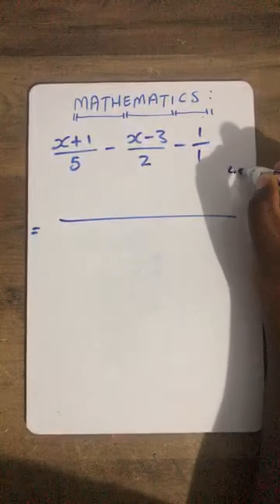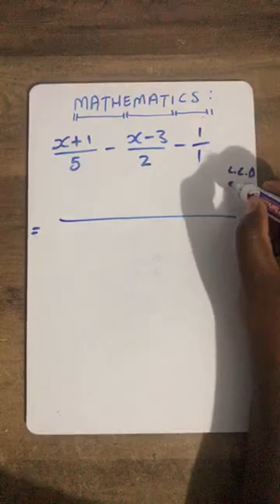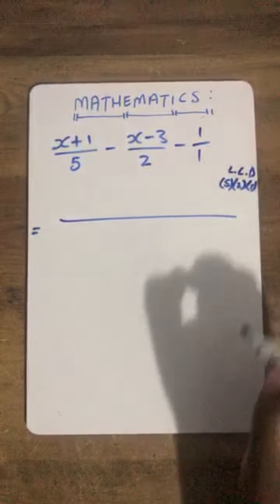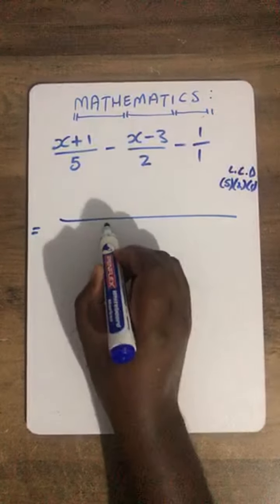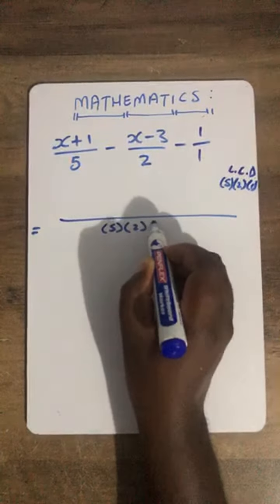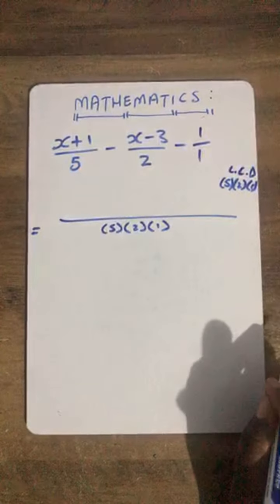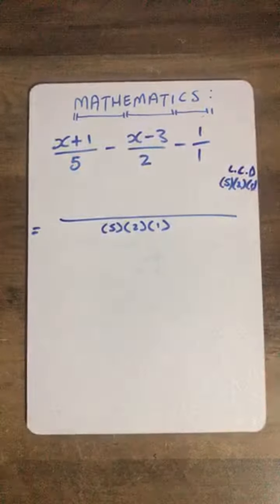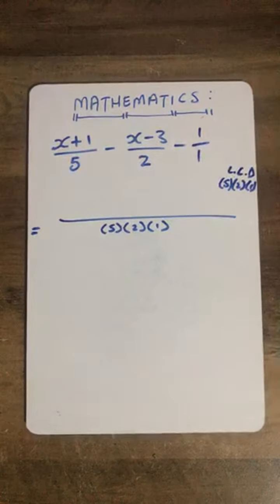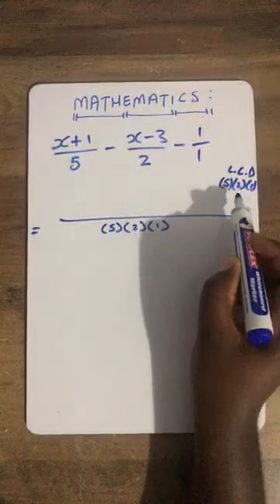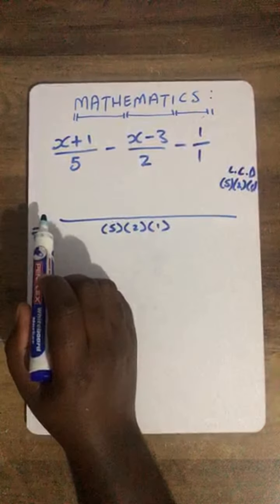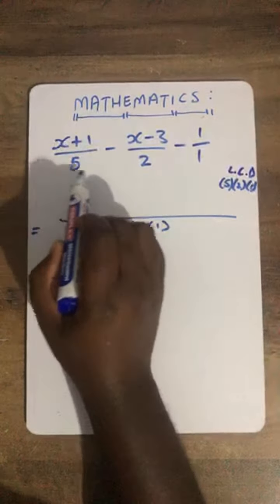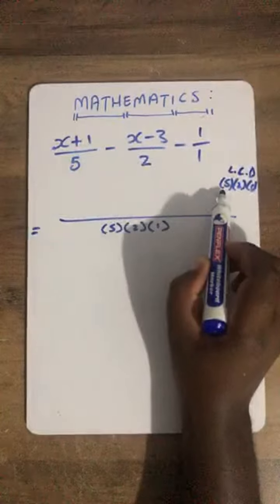Okay, so let's see. Our LCD there, I can say it is 5, it is 2, it is 1. But you guys got the same answer, which is an indication that you have hammered it. So this is how you notice that you are improving as a mathematician. You see, I used to rewrite all of this and then multiply by that.